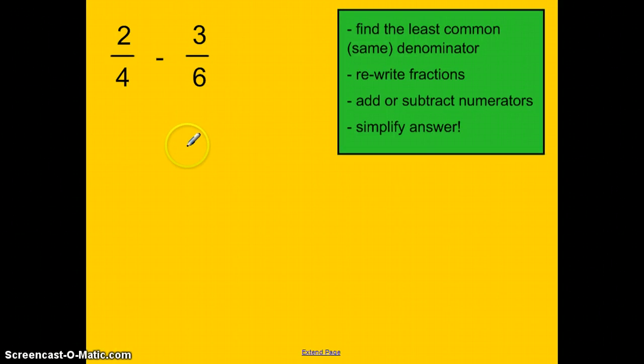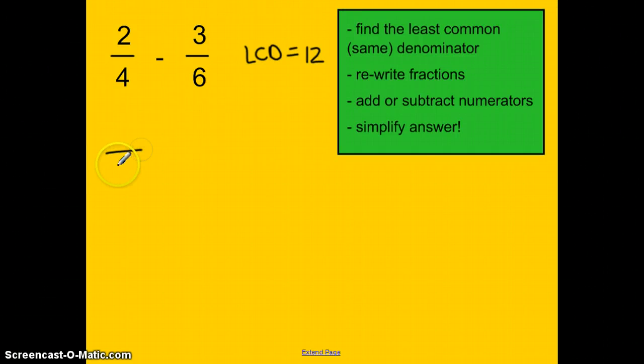Here's another example. 2/4 minus 3/6. What we want to do here is, first of all, find the least common denominator. We want to know the smallest number that's a multiple of both 4 and 6. In this case, that number is 12. 4 goes into 12 3 times, 6 goes into 12 2 times.